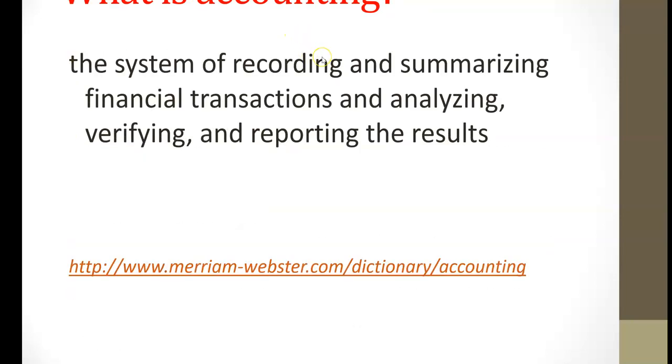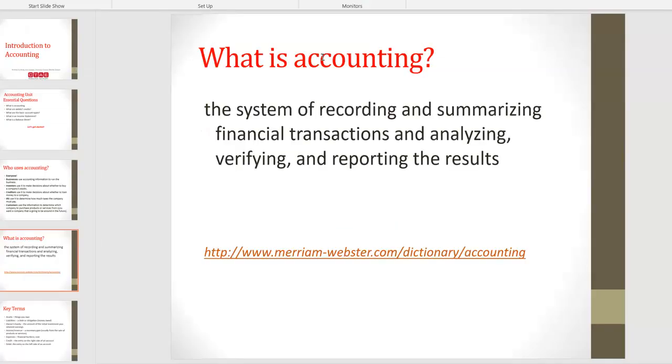So if we had to define accounting, we could define it as a system of recording and summarizing financial transactions and analyzing, verifying, and reporting results. What this means is that most people or companies choose to open up a business because they want to make money. And in making money, they are selling something, whether it's a product or some type of service.